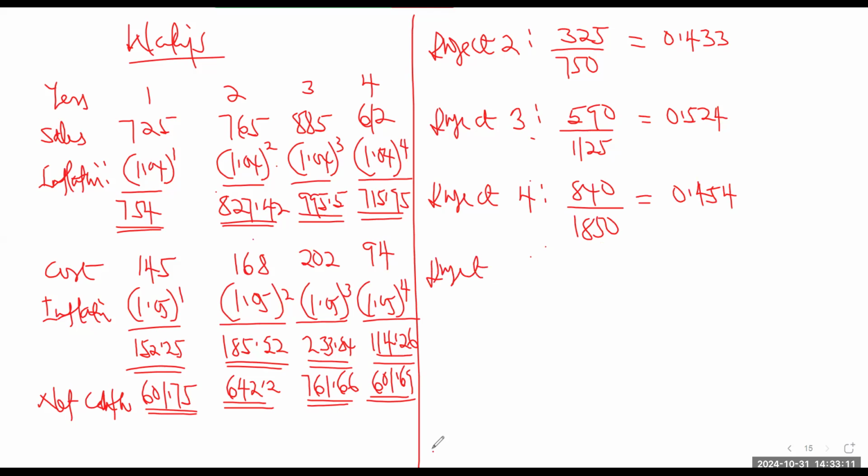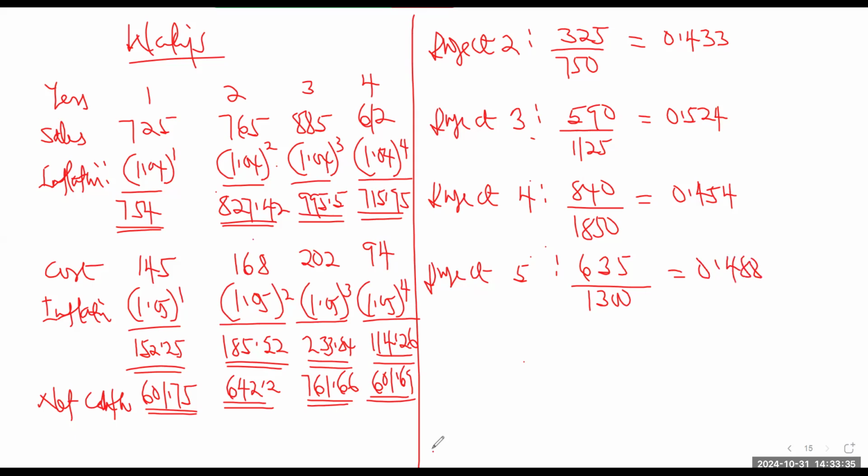Project 5 is what? 635 on 1,300. What is it giving us? 0.488.